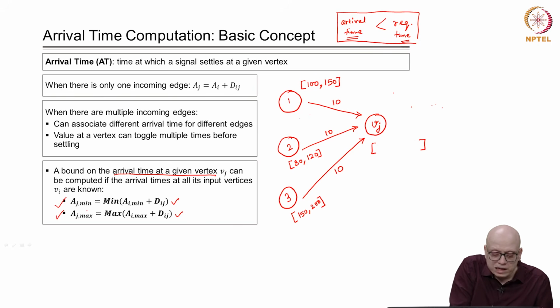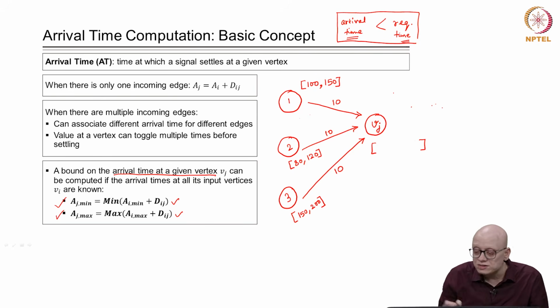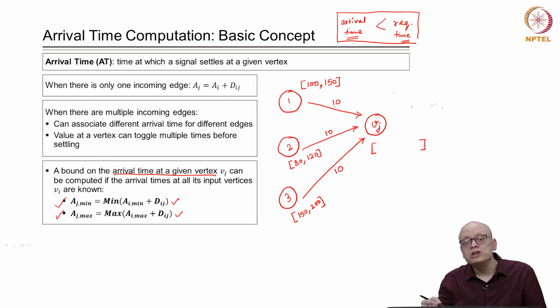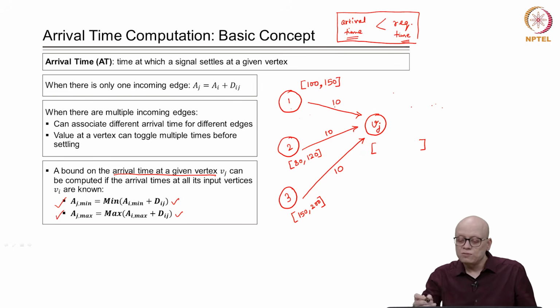Now, what is the minimum arrival time at this vertex Vj? We take the minimum arrival time of each vertex, add the delay, and then whichever gives the minimum, we take that. For example, 100 plus 10 is 110 if it comes from vertex 1.